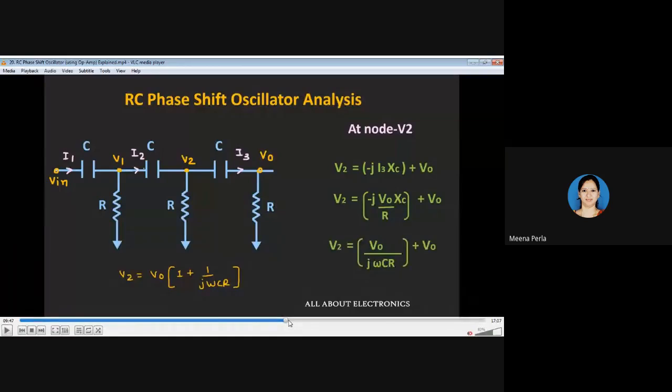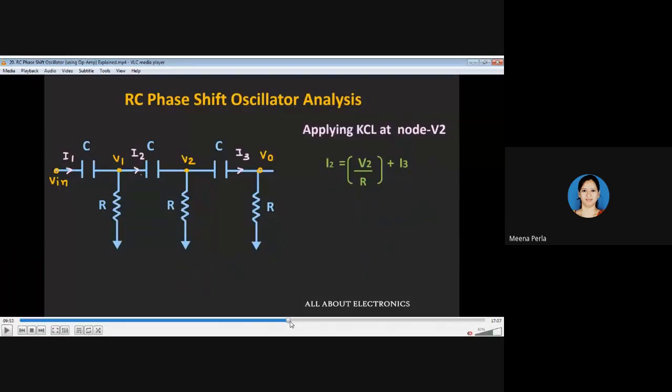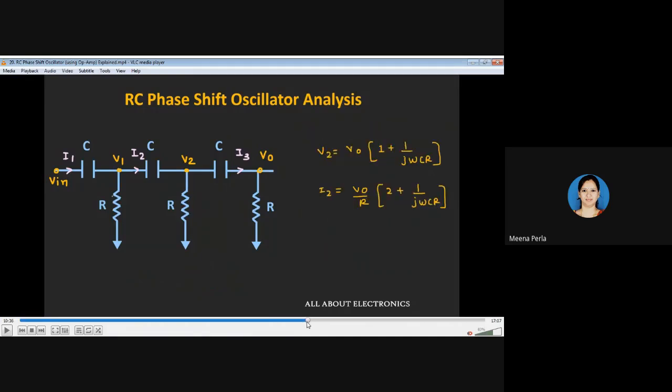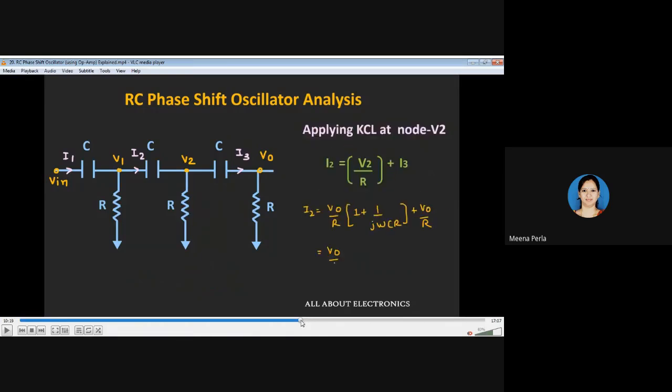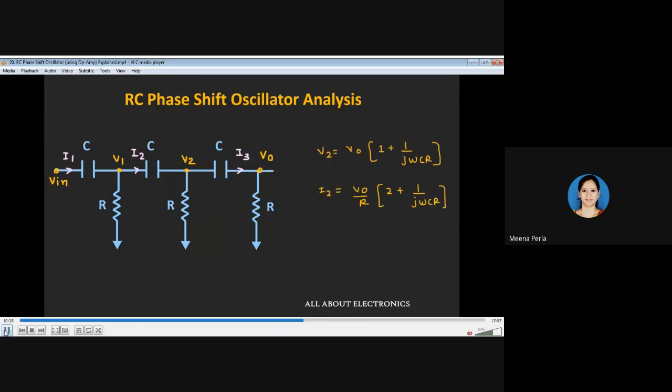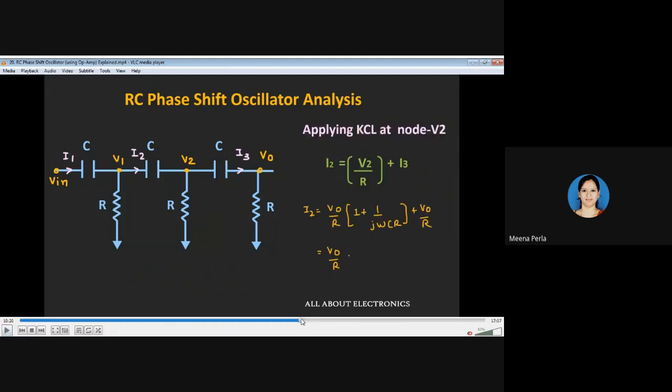Done? Then we will write, applying KCL at node V2, because at this node we are going to find I2 and V2 in terms of V0, right? So the expression for I2. Write this expression for V2.